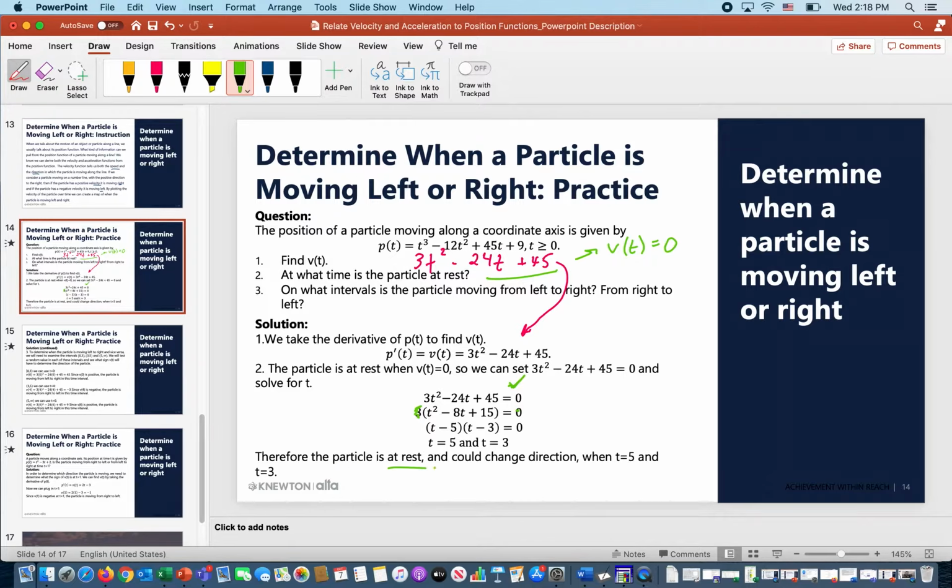The particle is at rest and could change directions, right? So think about a ball's flight through the air. Let's imagine that you picked up a ball and just chunked it as far as you could. The ball's flight path might look something like this: it's going to top out and then come back down here. What happens at the very top is that there's a point where the ball just goes up and sits there for a second, and then it comes back down.